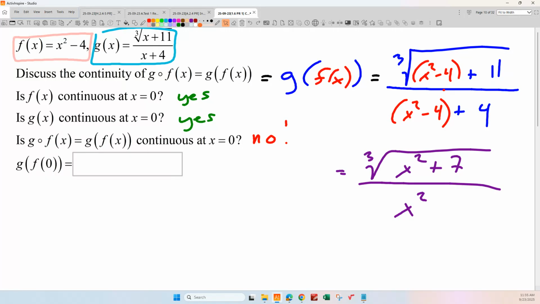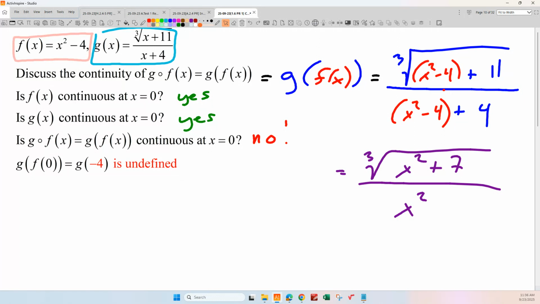What would be true about it? What would happen at 0? It would be an asymptote, wouldn't it? Yes, because the top is non-zero and the bottom is 0. Per our discussion.